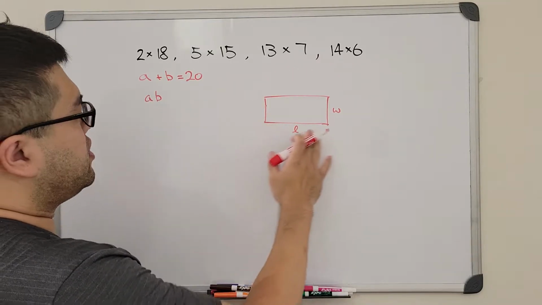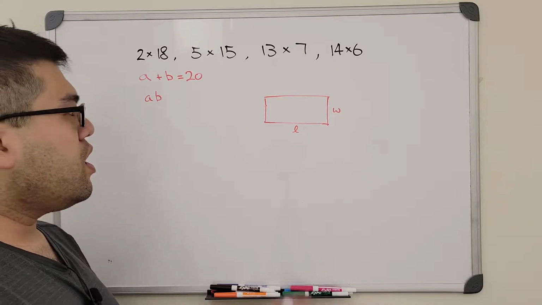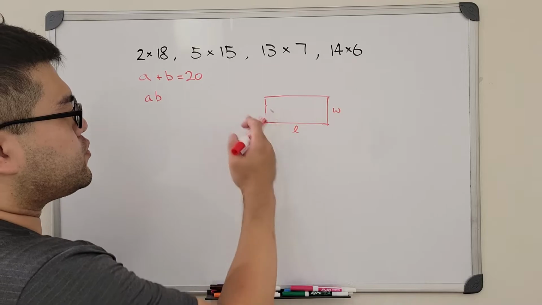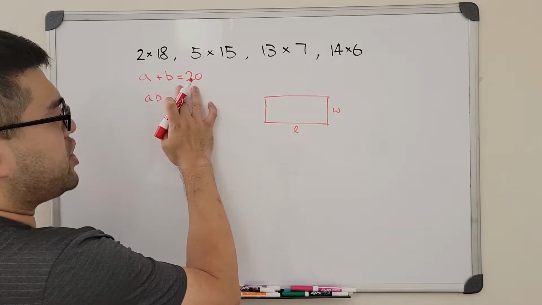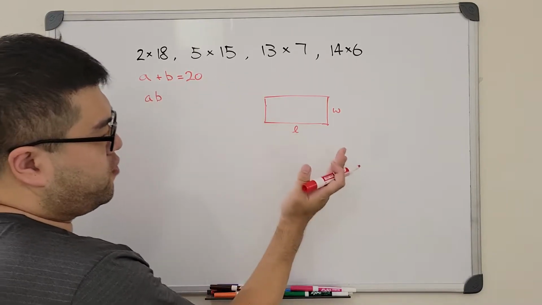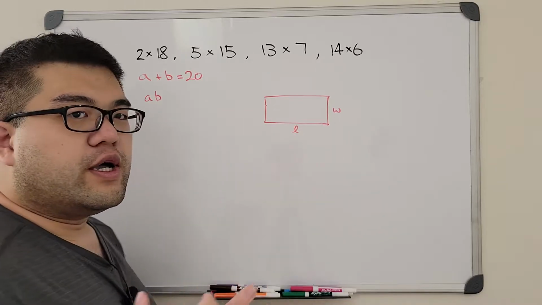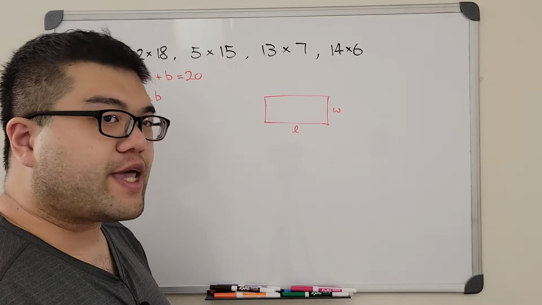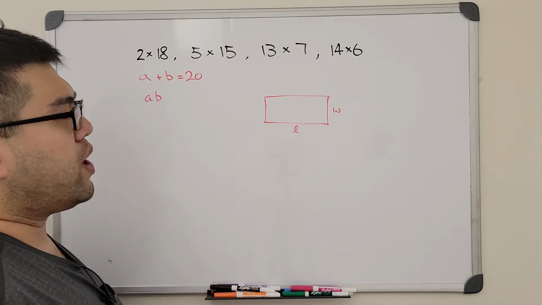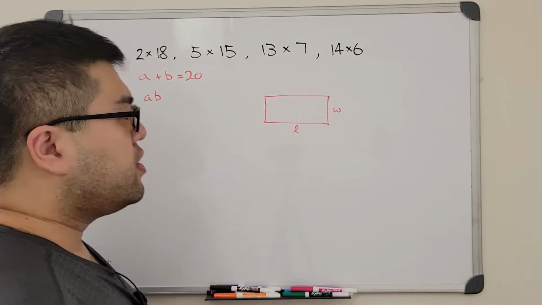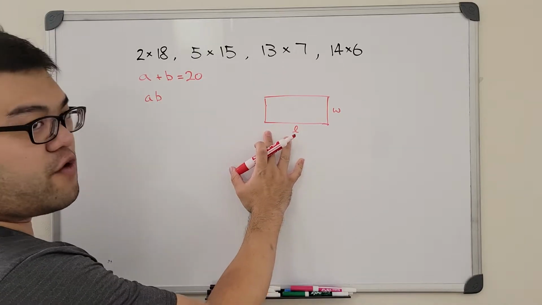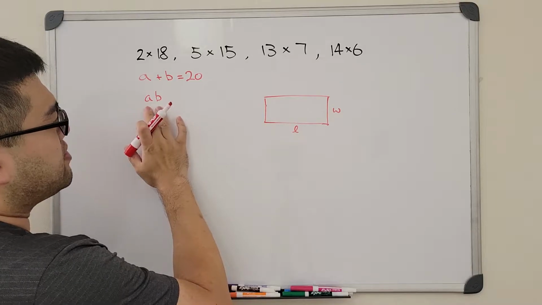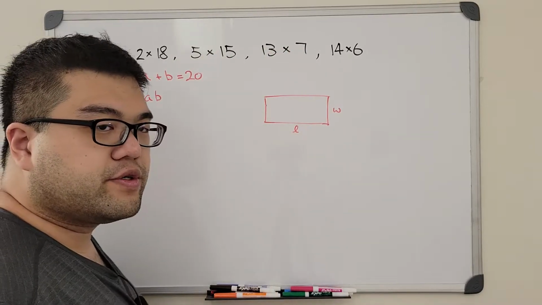In other words, we can fix the perimeter of this rectangle to be twice the number we have, which is 40. Now, for a given perimeter, how do we find the largest area? Again, why do we want to find the largest area? Because we know the area of a rectangle is length times width. In this case, it will just be a times b, which is what we want.